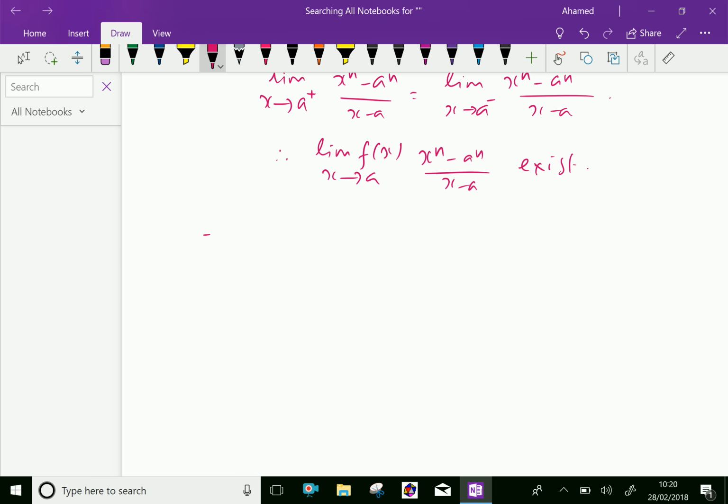We introduce a small increment, that is h tends to 0.